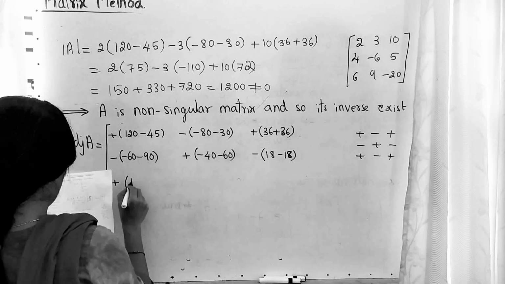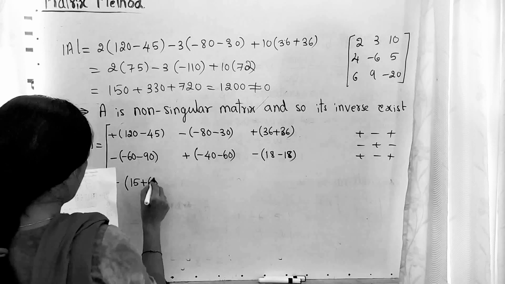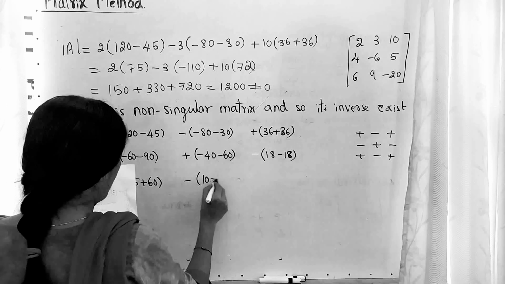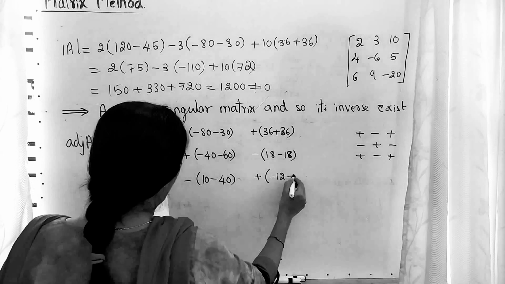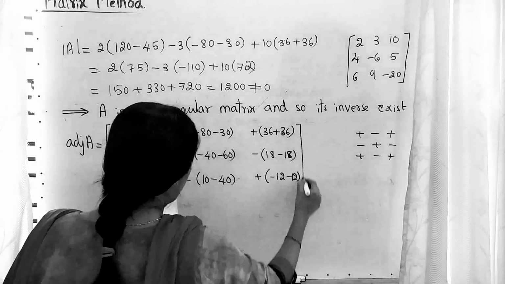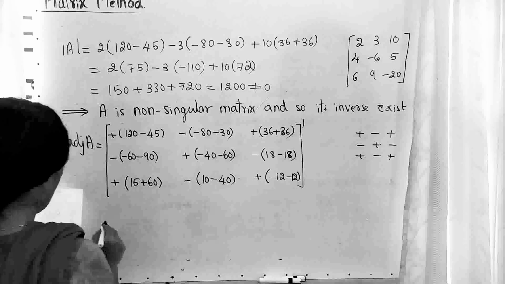Next, plus 15 plus 60, minus 10 minus 40, plus minus 12 minus 12. It's a transpose we have to write.